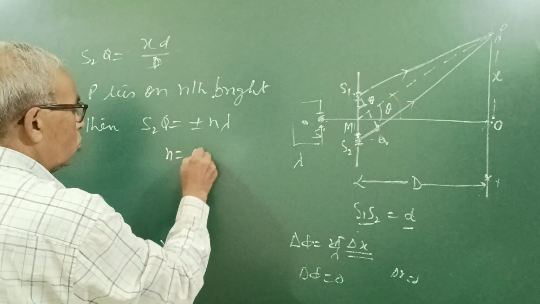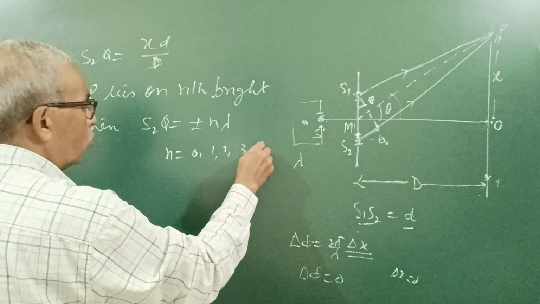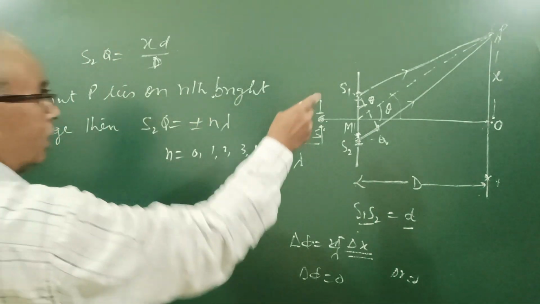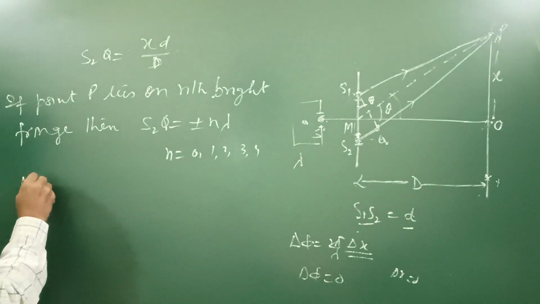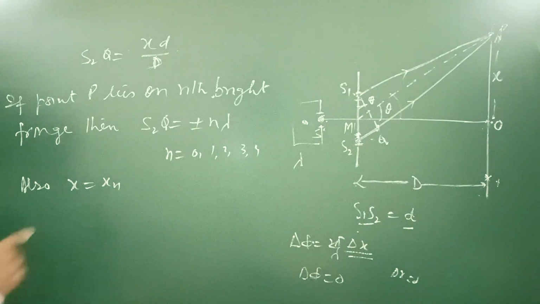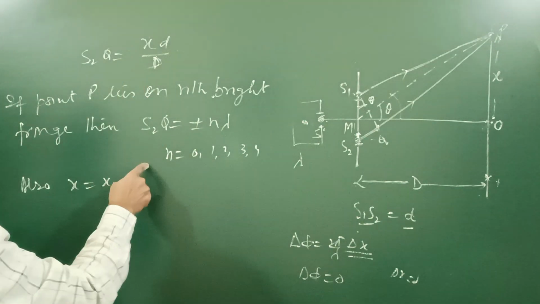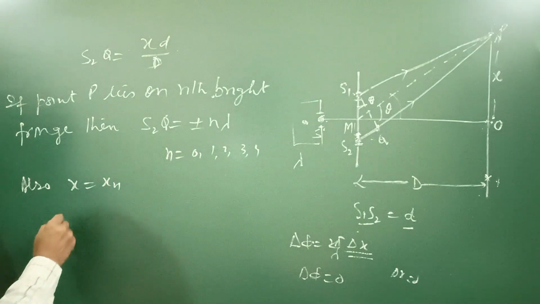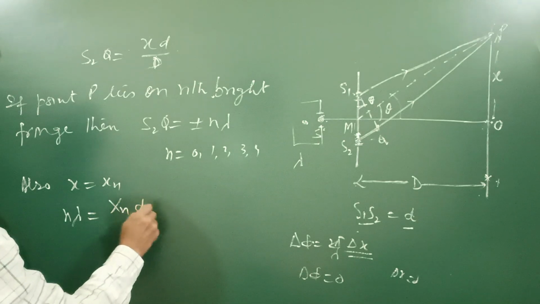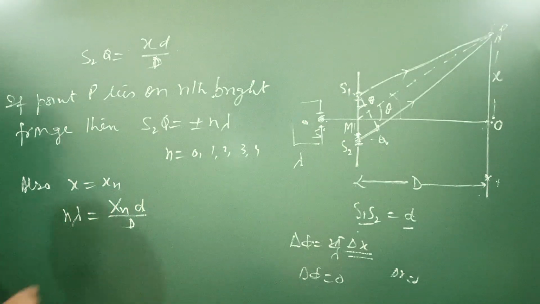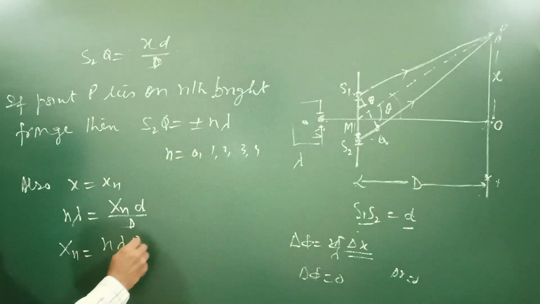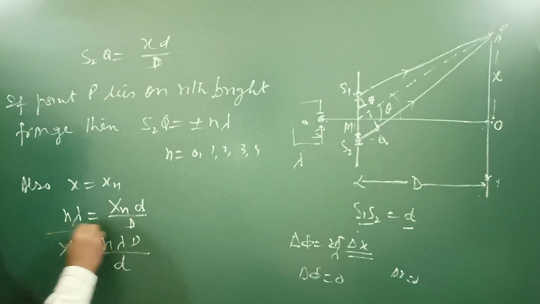Here n is equal to 0, 1, 2, 3, 4 and so on. And we assume X is equal to Xn. Then putting the value of Xn and S2Q, we get n lambda is equal to Xn d upon capital D, or Xn is equal to n lambda capital D upon small d.